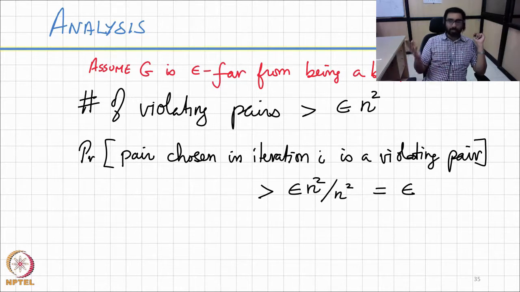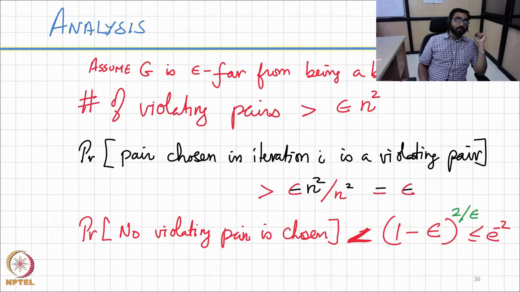Let's even approximate that to n squared pairs, out of which at least epsilon n squared pairs are violating pairs. So if you choose pairs uniformly at random, then there's a probability of at least epsilon that we will be choosing a violating pair. Okay, but what could happen is we may end up never choosing a violating pair.